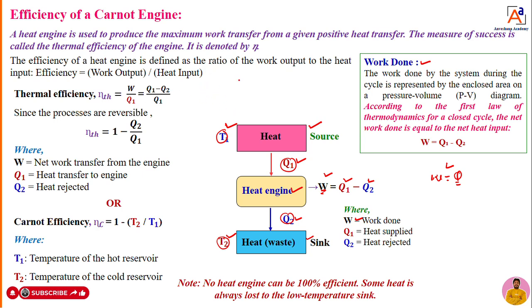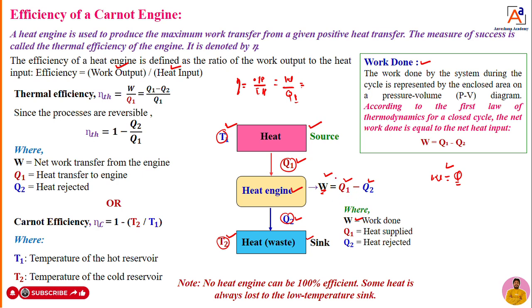What is efficiency? We already know, dear students. Efficiency is generally the work output divided by the heat input. So how do we calculate the efficiency of this engine? Efficiency is equal to output over input. The output we get from the engine is work, and the input we give is heat, the heat supplied, represented as Q1.